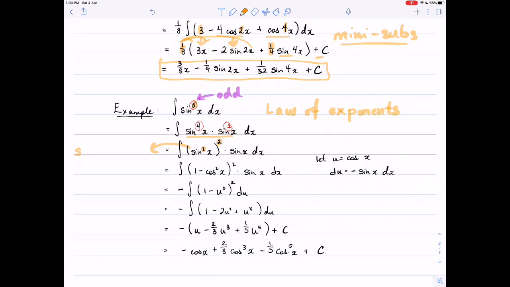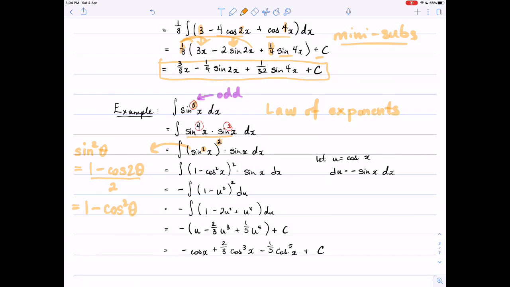I am going to use the Pythagorean identity. Sine squared, we had just seen this half angle identity, 1 minus cos 2 theta over 2. That is true. There is another identity. If I use the Pythagorean identity, then sine squared is 1 minus cos squared theta.